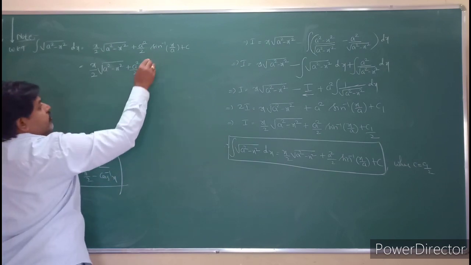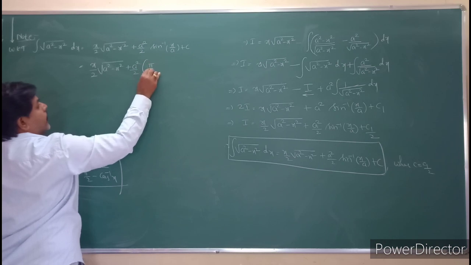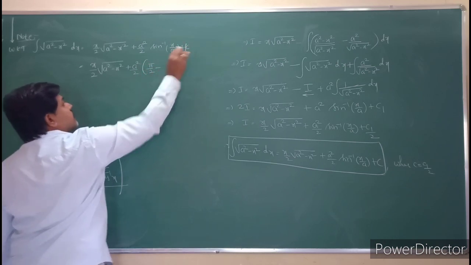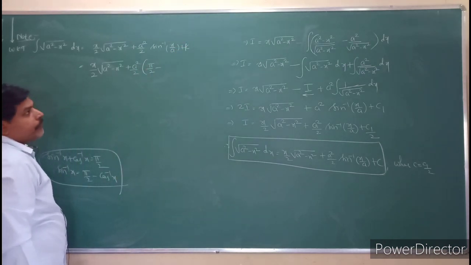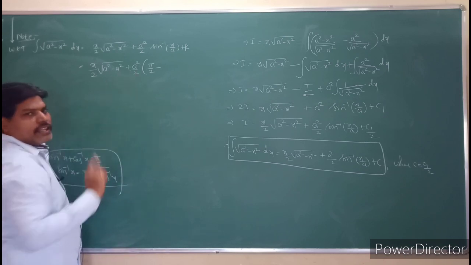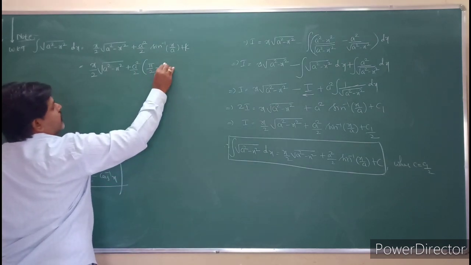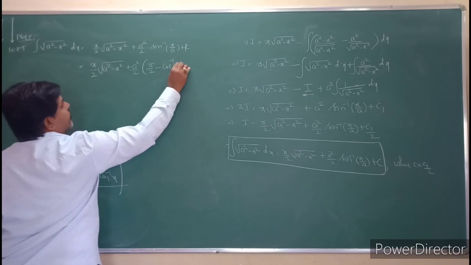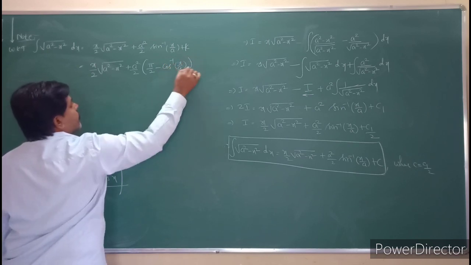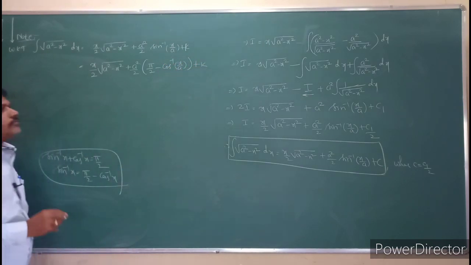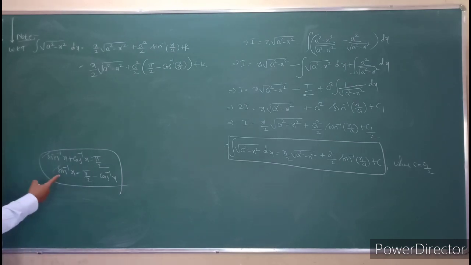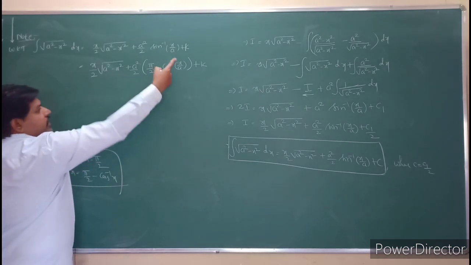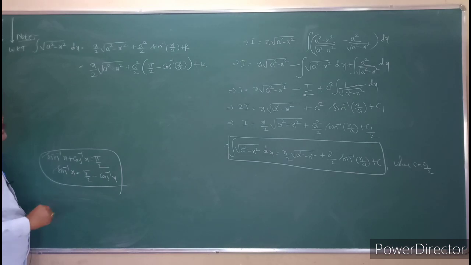This sine inverse x you can write as pi by 2 minus cos inverse x, and some constant I will take as k. Okay. So here we are taking the k. So in the next step I will take minus cos inverse of x by a plus k. Sine inverse x you can write as pi by 2 minus cos inverse of x by a plus k.